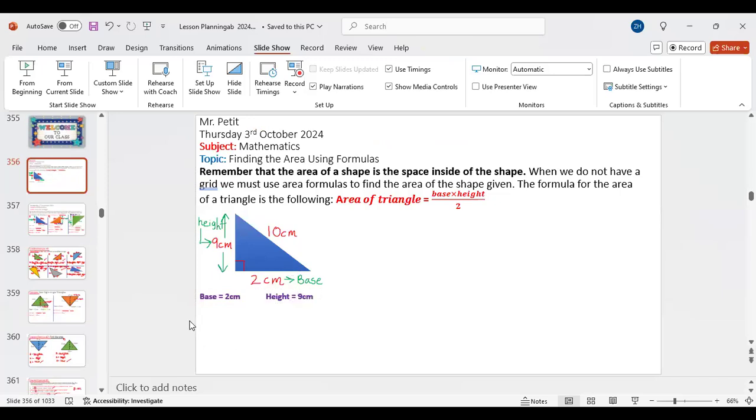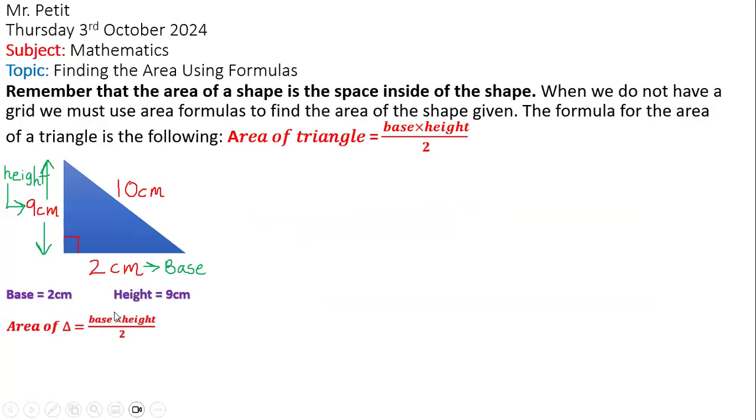The area of the triangle is equal to base times height divided by 2.